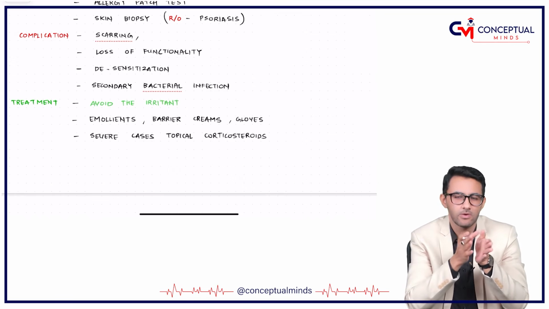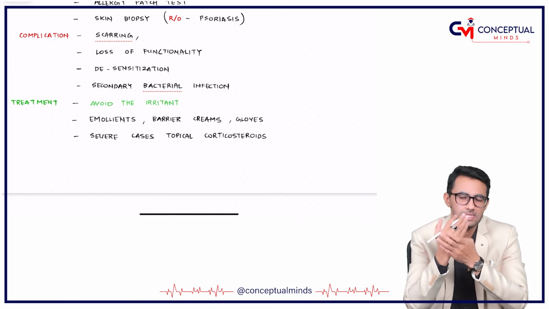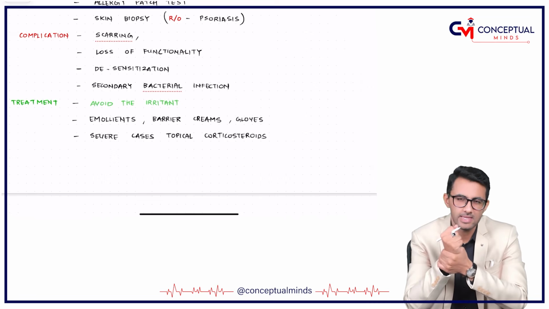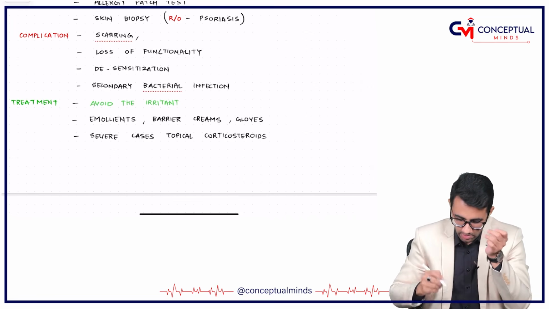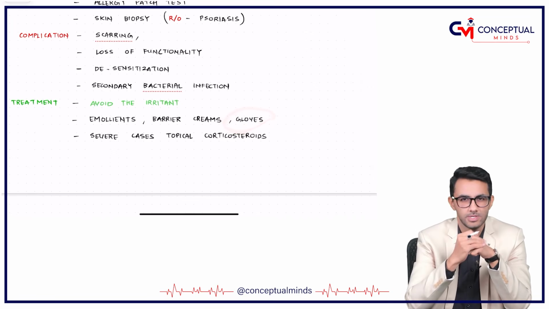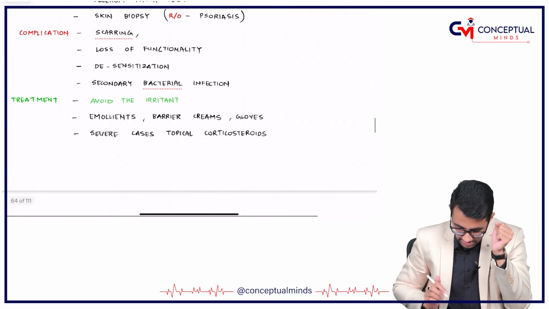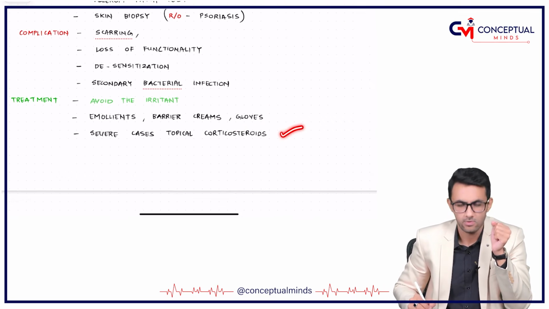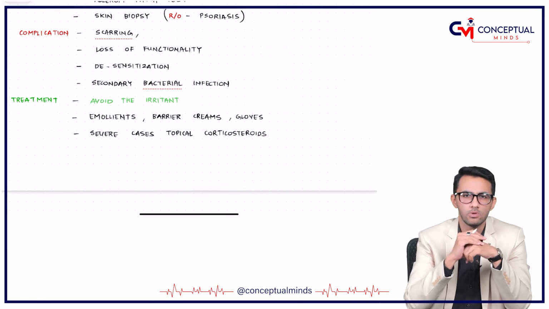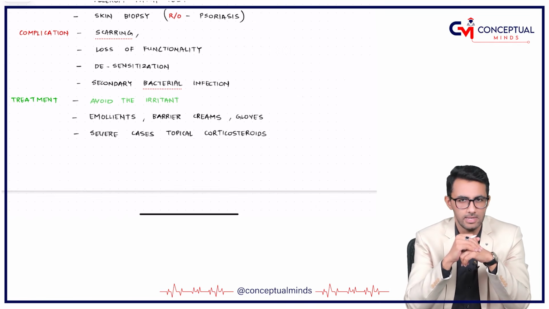Probably when he is doing it or washing it, we can recommend him to cover his hands. So we could give these preventive measures. And in severe cases, we would give topical corticosteroids just to manage the patient symptomatically.